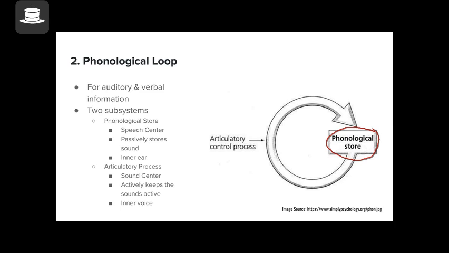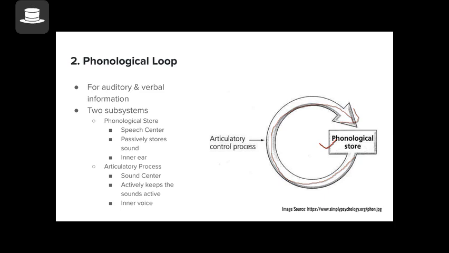It passively stores the information, the sound, right? Now, when you created that sound in your head, like Shri, not out loud, but in your head, that is the articulatory process. The articulatory process is the active process of holding information in the phonological store. It's like your inner voice.